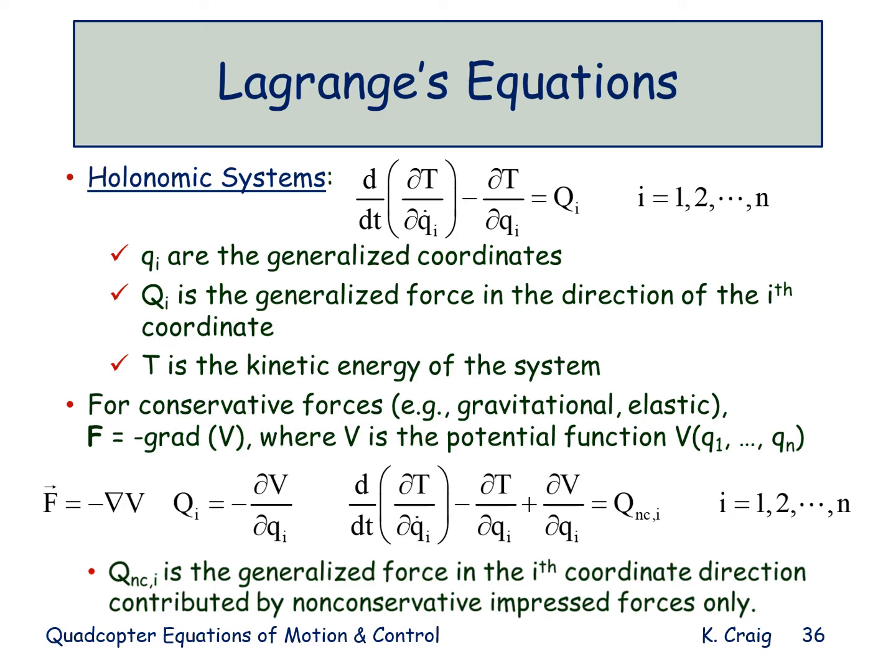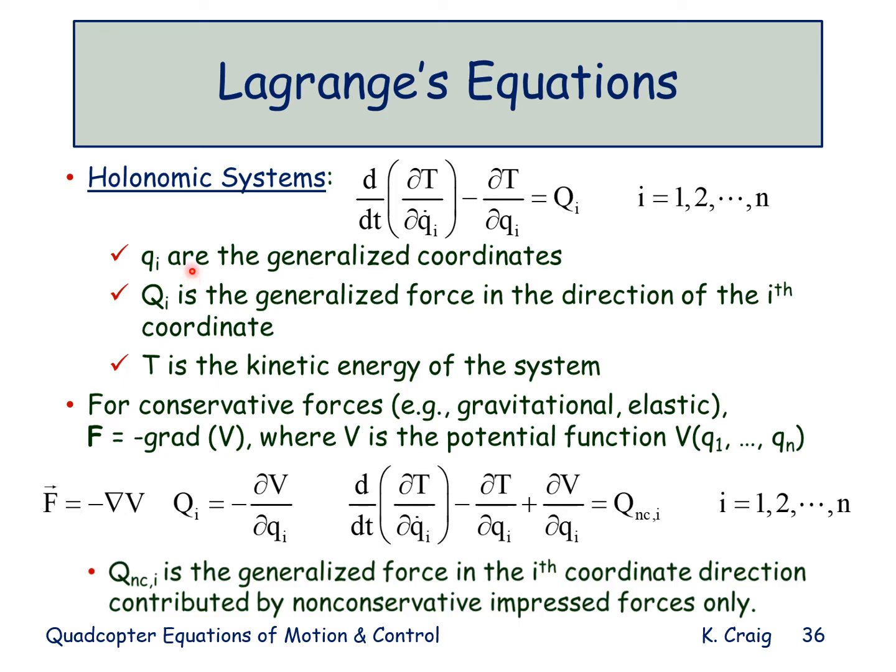Lagrange's equations for holonomic systems is stated as follows. The derivative with respect to time of the partial derivative of T, which is the kinetic energy of the system, with respect to q i dot, where q i is a generalized coordinate, minus the partial derivative of T with respect to q i equals capital Q sub i, where capital Q sub i is the generalized force in the direction of the ith coordinate.